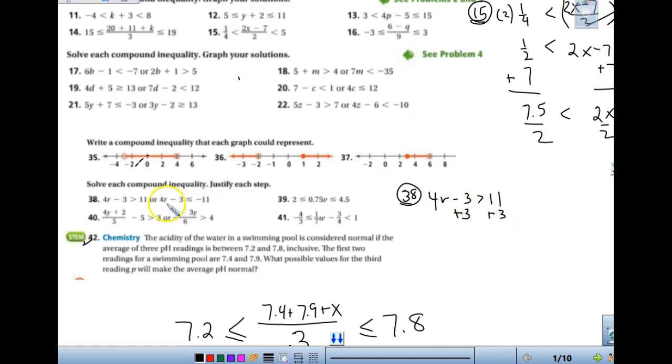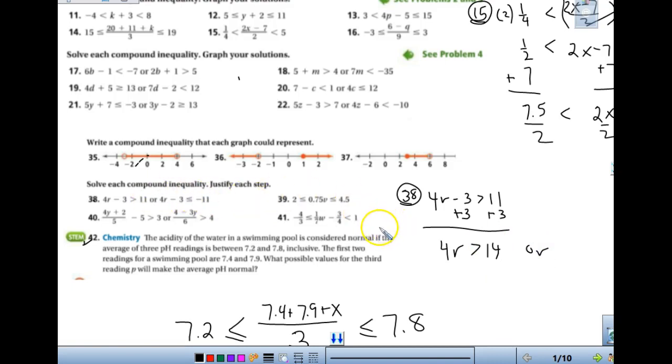In this case, because this one is the same equation, you can add 3 on both of those. And you're simply solving it for r. So you get 4r is greater than 14. You divide by 4.